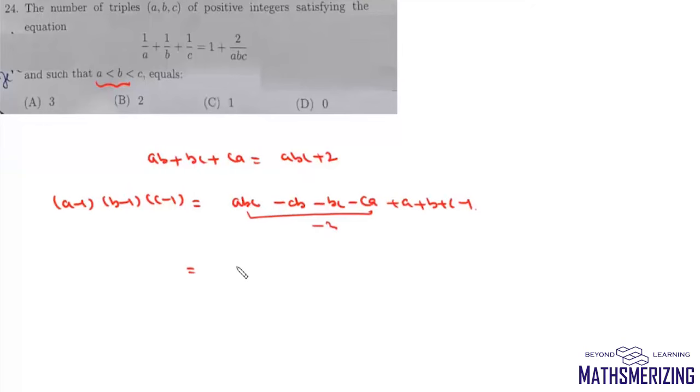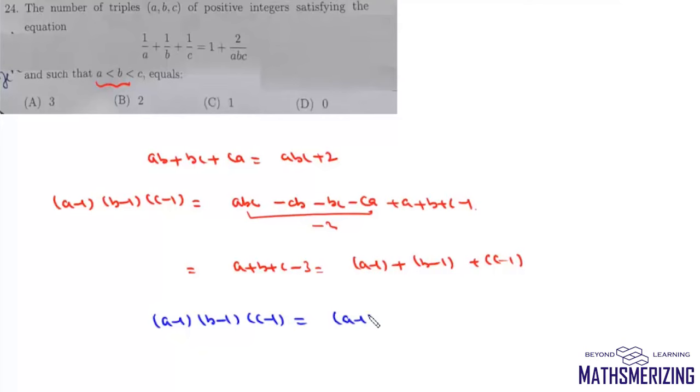So we can write this as A plus B plus C minus 3, or simply A minus 1 plus B minus 1 plus C minus 1. So the result that we have here is (A minus 1) into (B minus 1) into (C minus 1) is equal to (A minus 1) plus (B minus 1) plus (C minus 1).